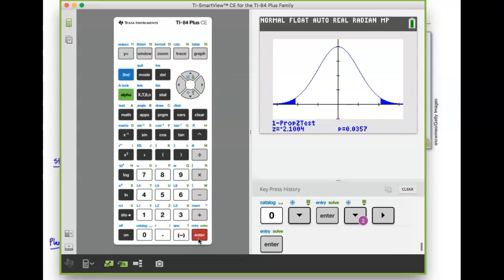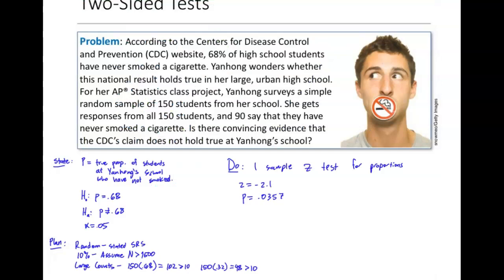All right, I get the same thing that Sam got. P is 0.0357. Great. So let's just go ahead and conclude. At alpha equals 0.05, we reject the null hypothesis, so H null in favor of HA.